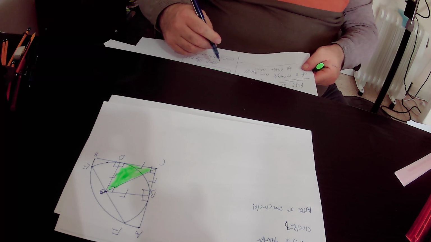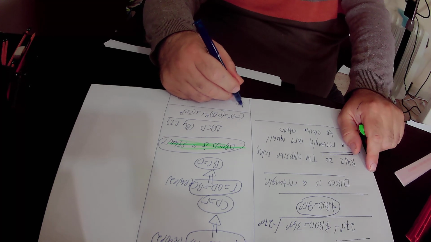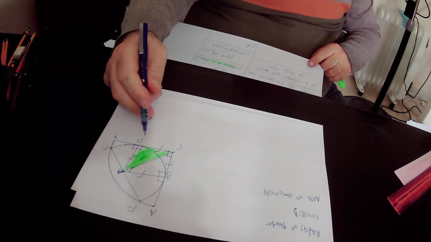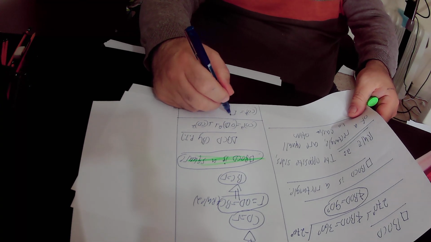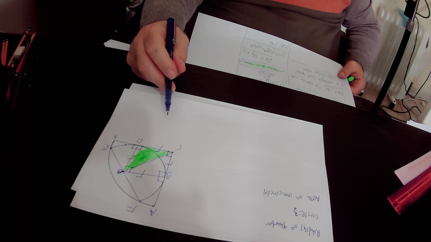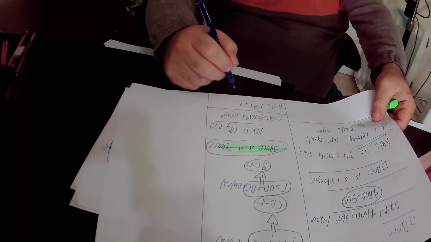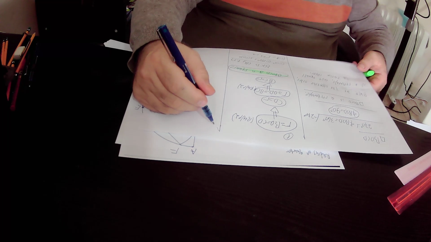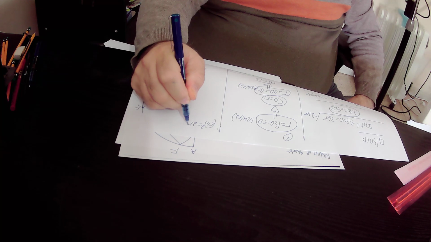Here, CO is the missing variable, so we will leave it as it is. CO square equals OD square. OD equals R, so OD square will be equal to R square, plus CD square. CD equals R, so CD square will also be equal to R square. R square plus R square is 2R square, so we got that CO square equals 2R square.